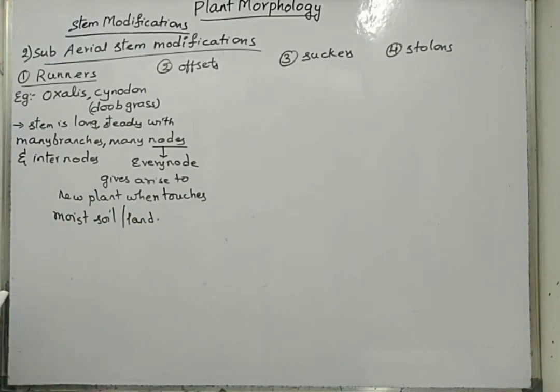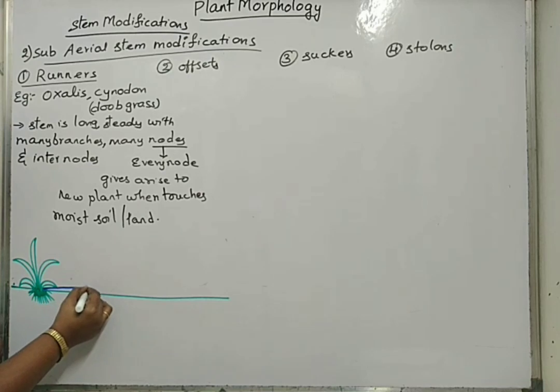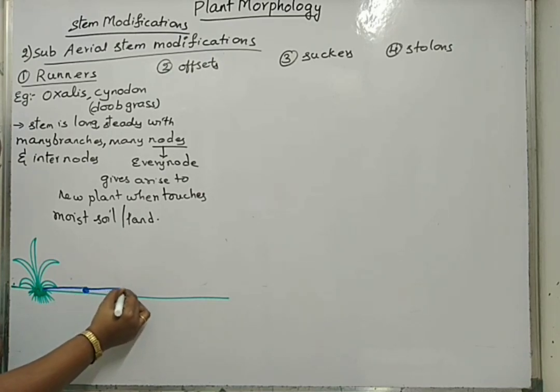If you see the diagrammatic representation, this is the earth layer, this is the main plant with fibrous roots. So this stem grows horizontally. It is having many nodes and internodes.